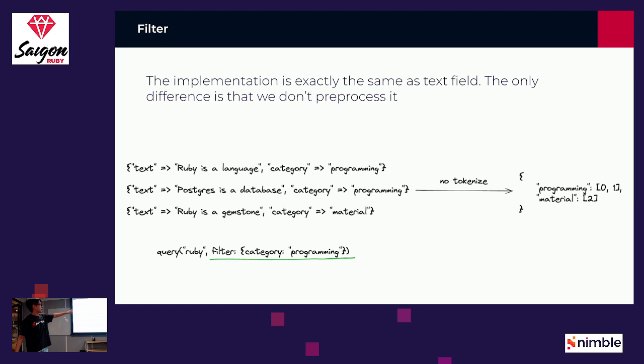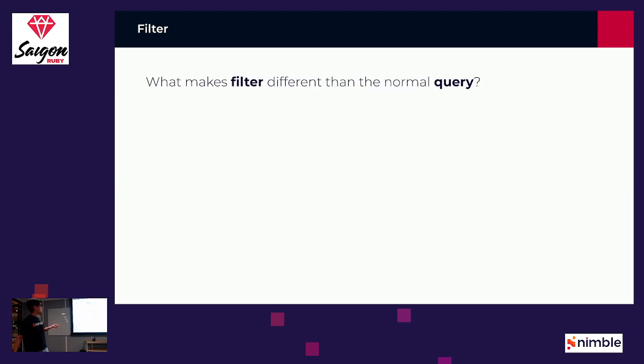And yeah, here's what it looks like. So programming is going to be present in 0 and 1, and material is going to be present in 2. So this is very similar to the traditional indexing we just mentioned. So what makes a filter different from a normal query? This is a good question to ask.